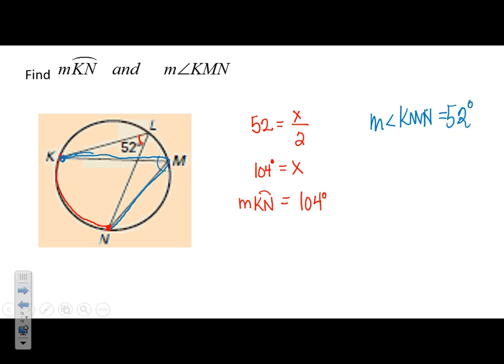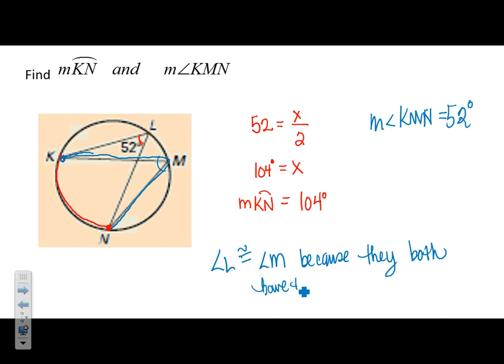It'll have the same degrees because angles L and M are congruent, because they both have the same intercepted arc.